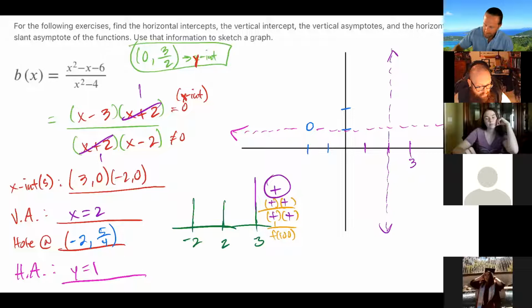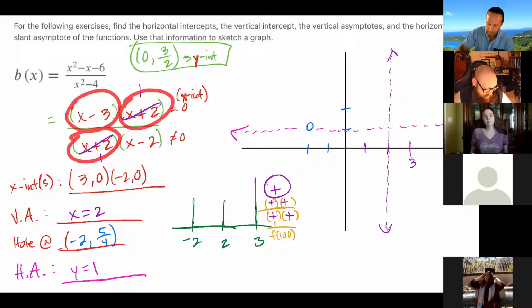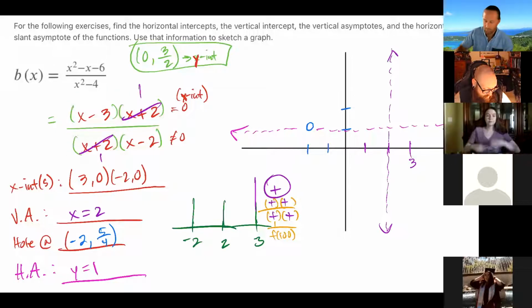Then what are we going to test? Well, between 2 and 3. Now here's the cool thing. Do I have any multiplicities, or are these all to the power of 1 when we factor? All ones. What do we say when it's odd? What is it going to do? Odd multiplicity went to the opposite side.